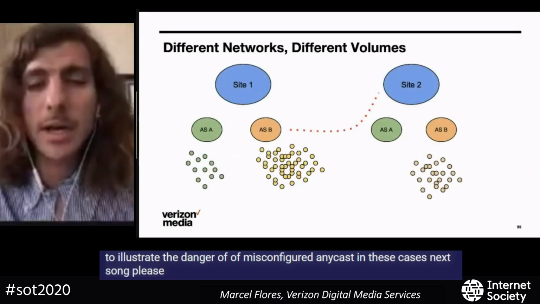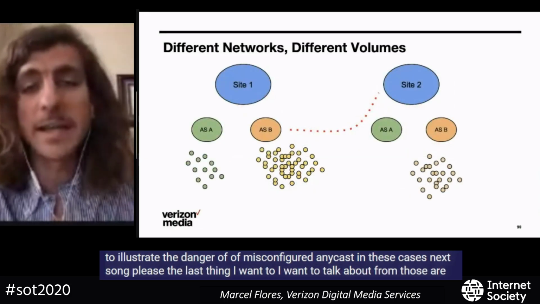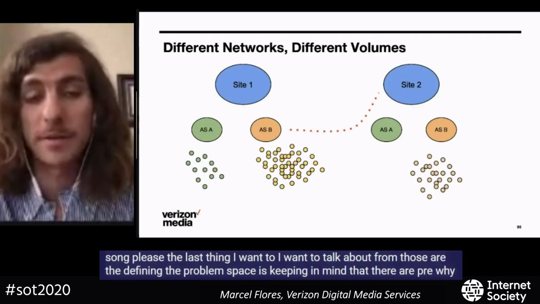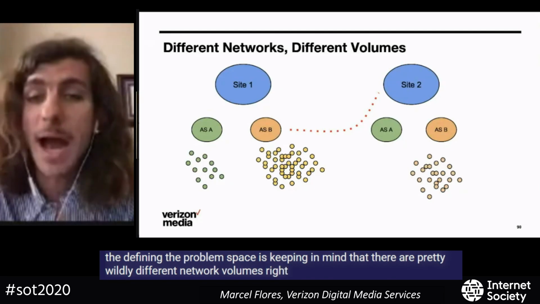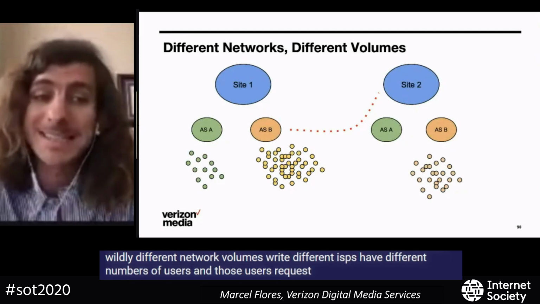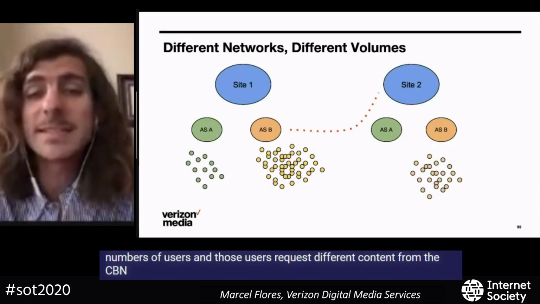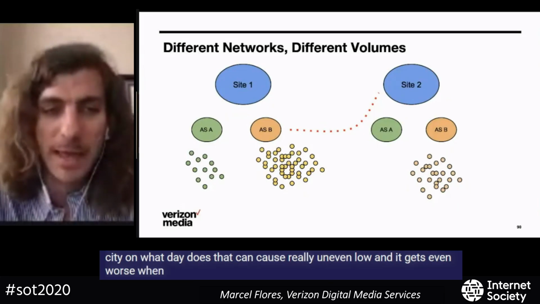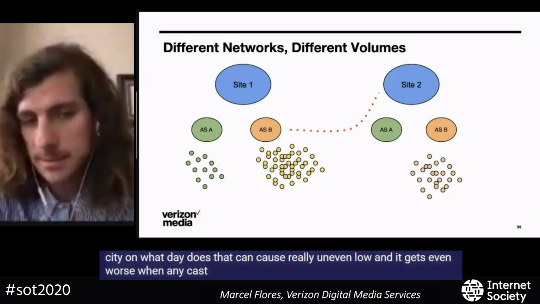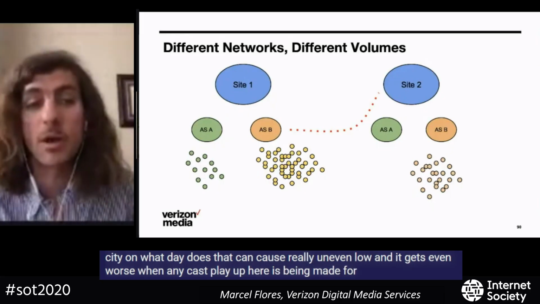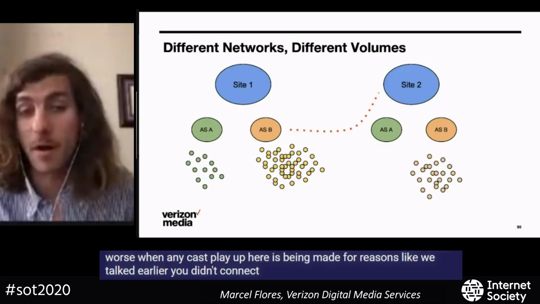Next slide, please. So the last thing I want to talk about from defining the problem space is keeping in mind that there are pretty wildly different network volumes, right? Different ISPs have different numbers of users, and those users request different content from the CDN. And what that does is that can cause really uneven load. And that gets even worse when Anycast behaves unpredictably. For example, in this little example I have here, ASB may, for reasons like we saw earlier, begin connecting to a faraway site.